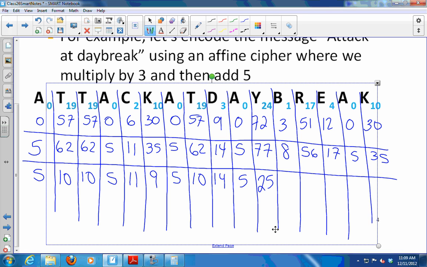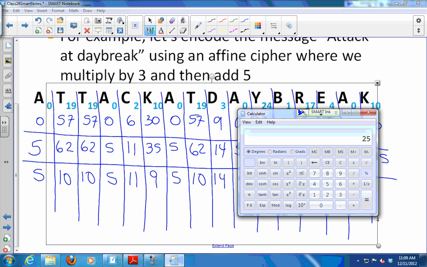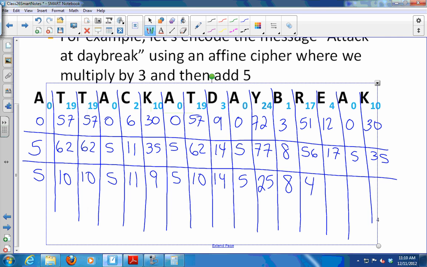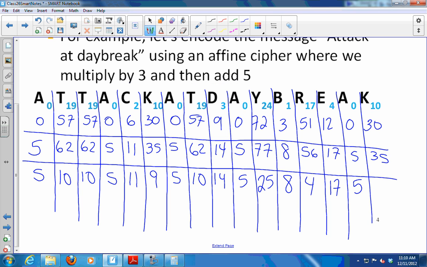I subtracted 26 as many times as I needed till my number comes out between 0 and 25. 8 is already between 0 and 25, so I'm good there. 56 is too big, so I subtract 26, and I get 30, which is still too big, so I subtract 26 again, and I get 4. 17 is already small enough, it's between 0 and 25, so it stays 17. 5 is already small enough, and 35 minus 26 is 9.